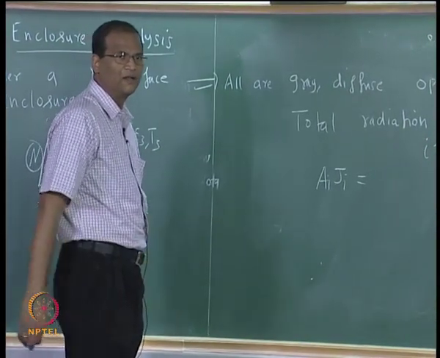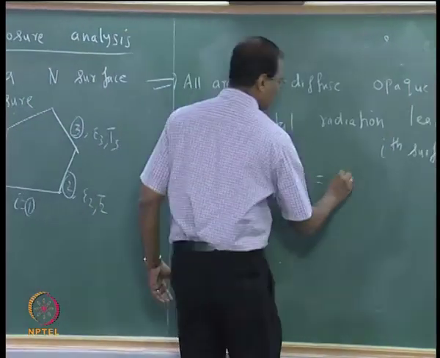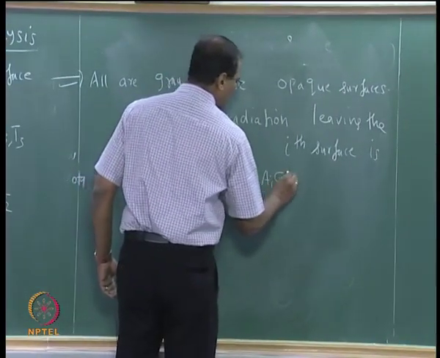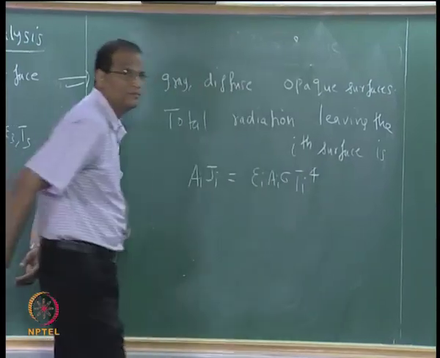What is the first part? Epsilon i Ai sigma Ti to the power of 4.